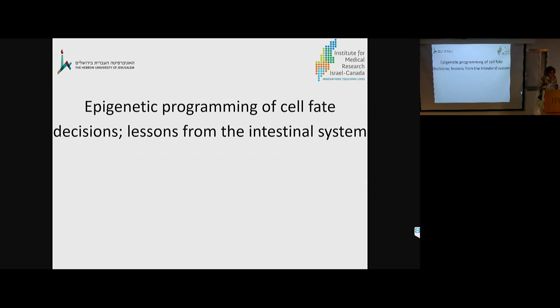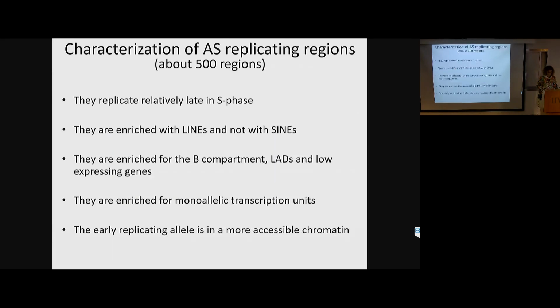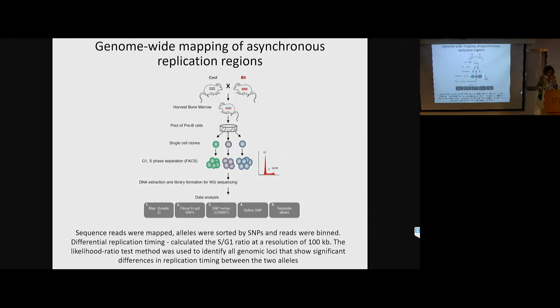We count, every region is counted, okay? And we calculate the ratio. And then we do the SNPs. Maybe I can go back and it's easier to explain. These are the way we do it.